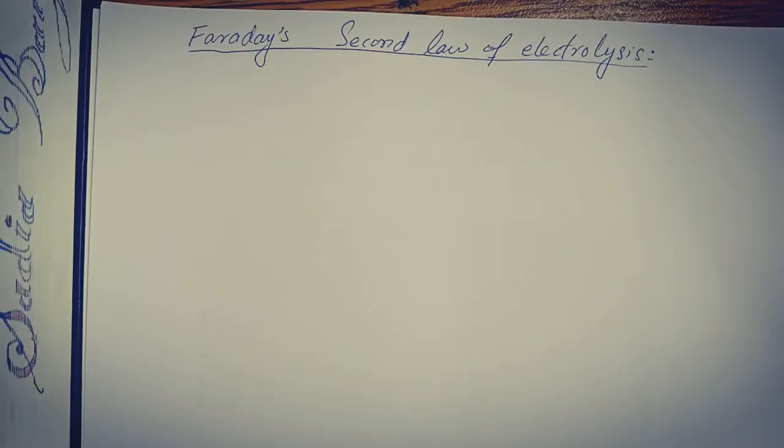Now let's discuss Faraday's second law of electrolysis. This law is defined as: when the same quantity of electricity is passed through the solutions of different electrolytes connected in series, then the weights of the substances produced at the electrodes are directly proportional to their equivalent weights.